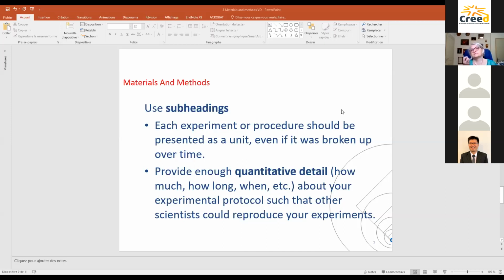When you present the methods, if it's a new method, you need to describe it. If it's a method that is already known and very common, use the reference. Don't go into painful detail for methods that have been known for 30 years.